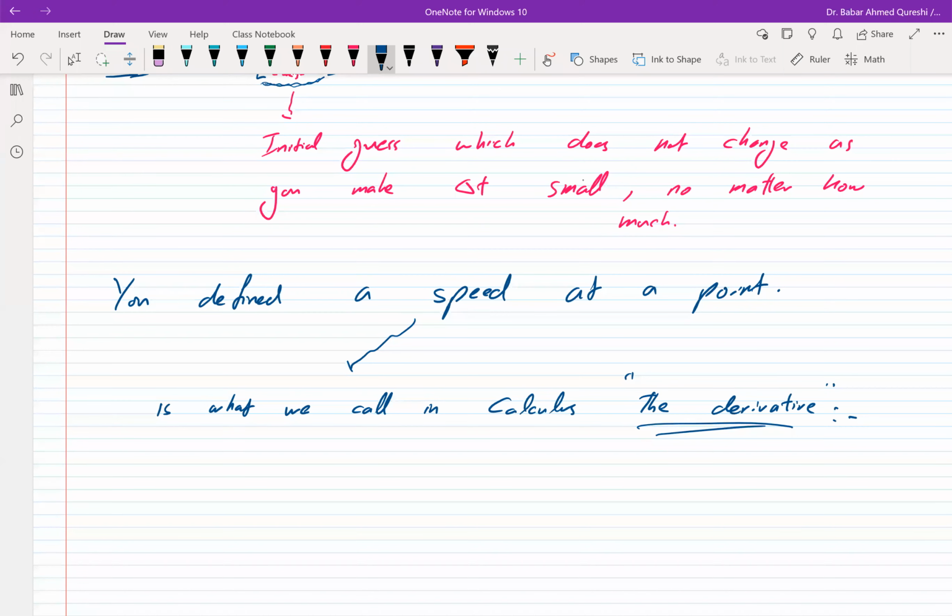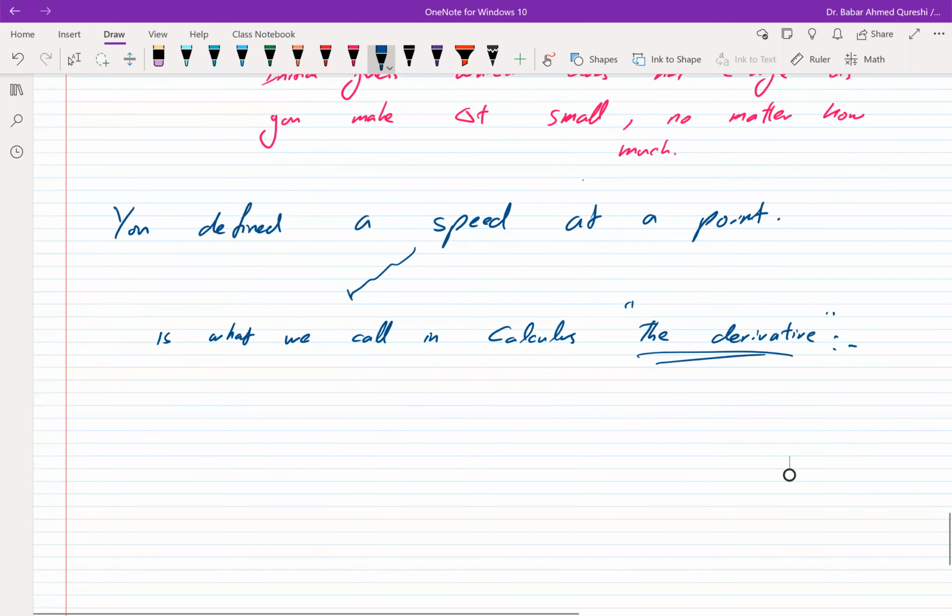So this derivative is the central object of study, as it tells us a lot about the relationship between two variables at every instant. So it literally says rate of change. So what is speed? It's rate of change of the distance per unit time.